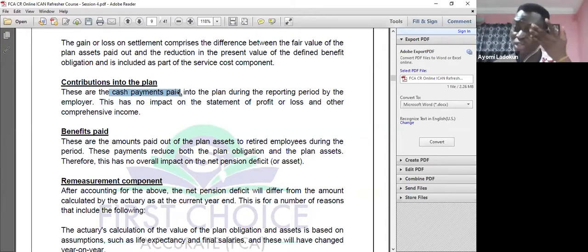So by adding it to that asset, you are trying to make your net position improve because of the asset ceiling, because you're going to have future refunds and a reduction in liability. So the whole idea is that your future liability can be reduced.